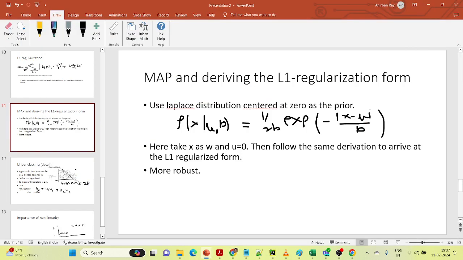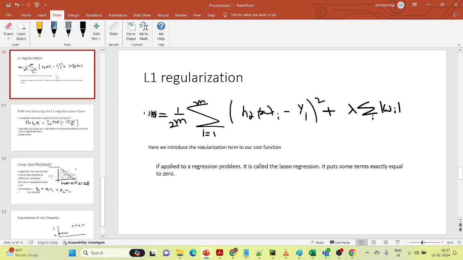So what we have to do now is use w in place of x, and put mu equal to 0, and just do the same derivation. You will get this L1 regularized form, and after that a closed form solution. What does closed form mean here?